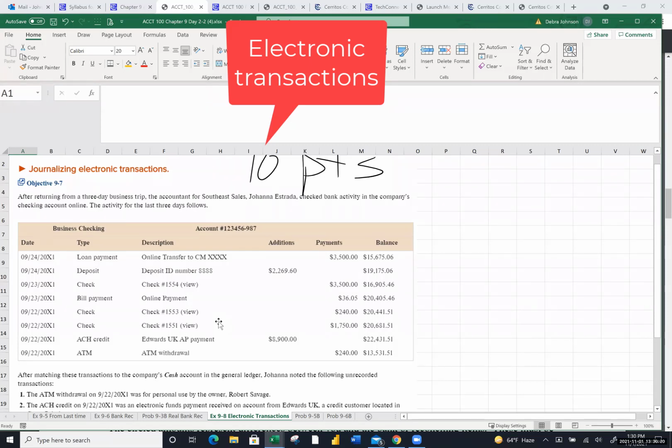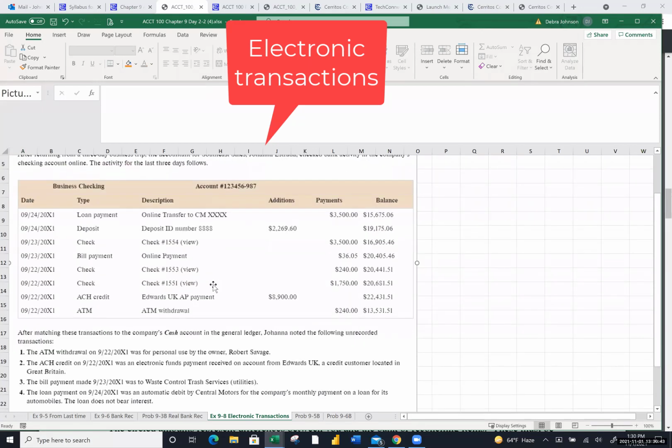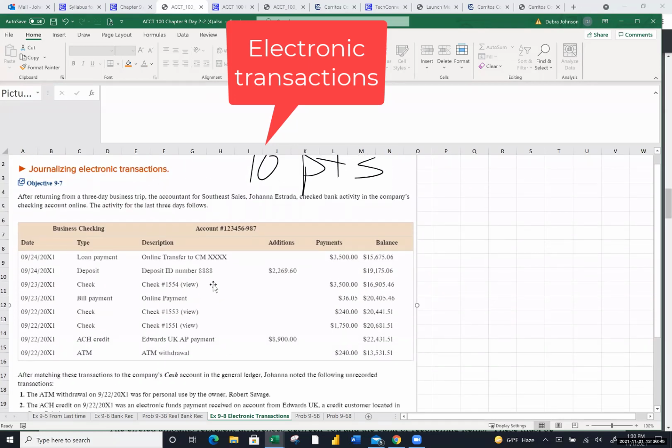I don't know about you guys now, but I only write checks to pretty much, when I think about it, a couple of charitable organizations. My bills and everything else are paid electronically. So this problem came up in an effort to kind of bridge the gap between old school and new school. So we're going to take a look at this. We'll read it together and then we'll work through it. And then we'll take a look at our test review sheet.